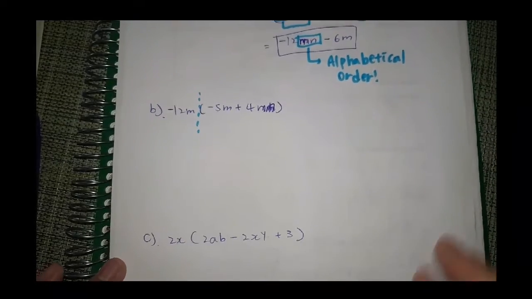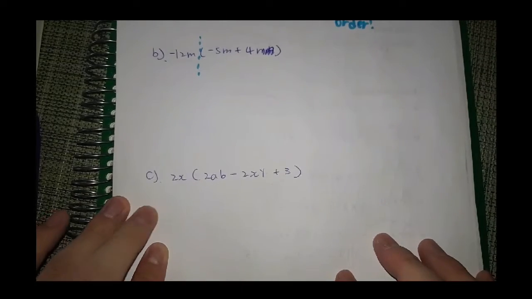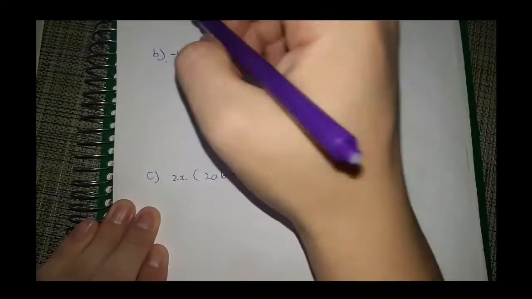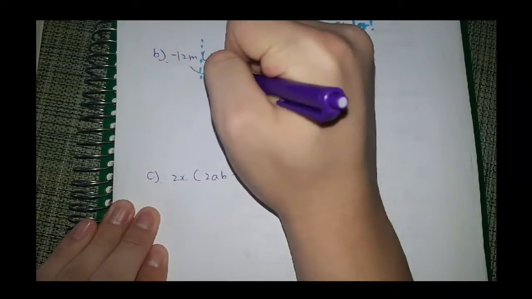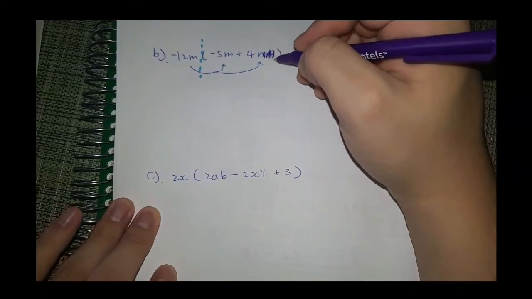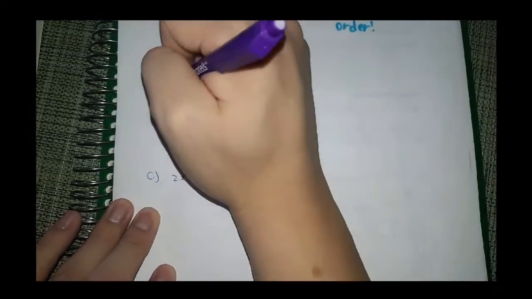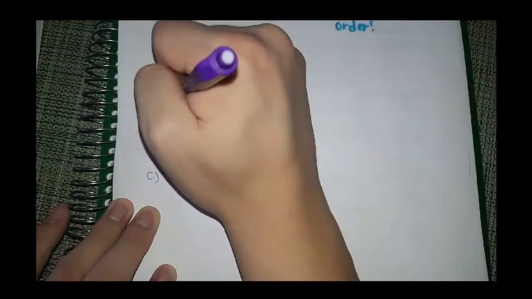Let's do the second example, folks. We have negative 12m outside, and we're trying to distribute what's inside. And I know I wrote it in a very ugly way, but it's 4mn, by the way. Do the same thing.